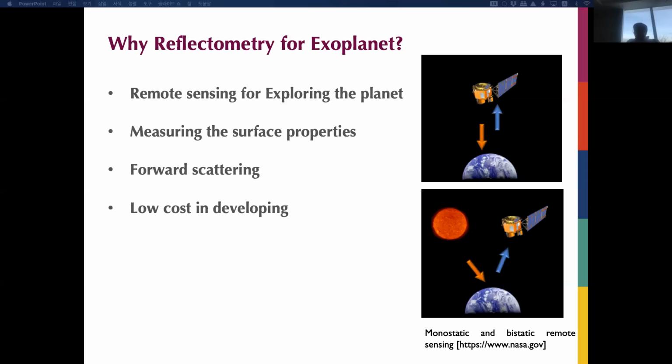So I think reflectometry will be a very useful device for exoplanets.